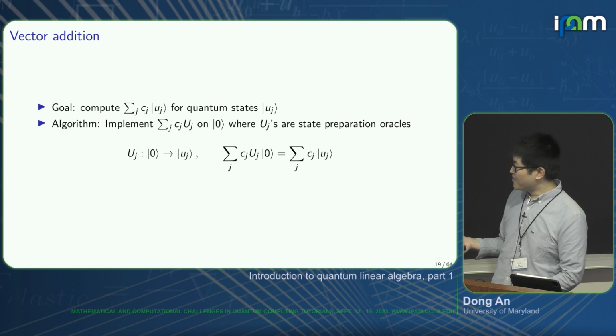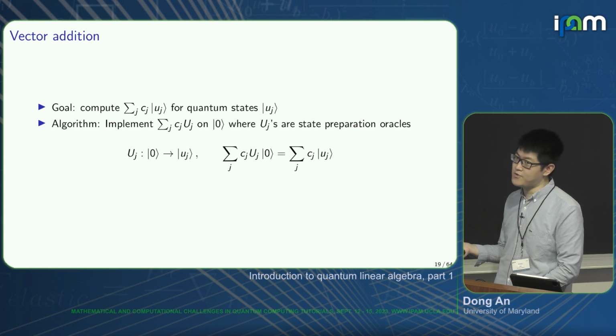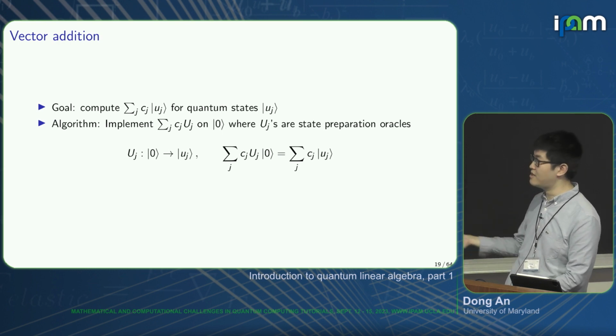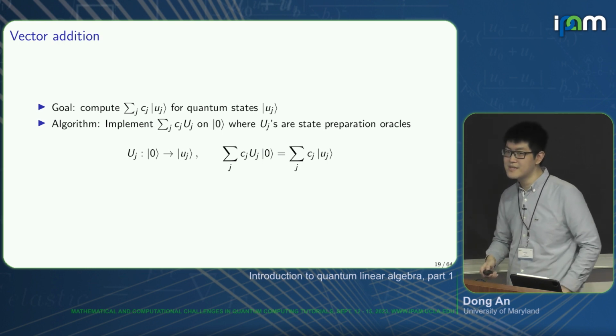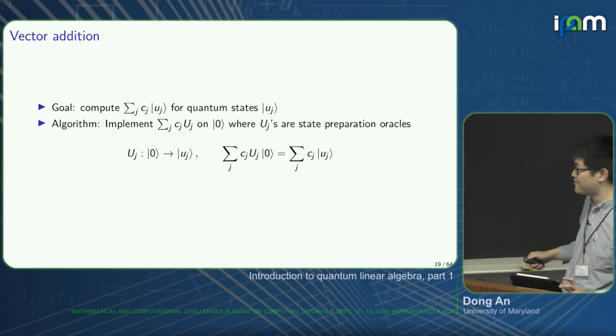Because for the linear combination of vectors or quantum states, we just want to combine those Cj, Uj. If we have the state preparation oracle, then we just apply this linear combination of unitaries on the input vector to be the 0 basis, and then we can do the linear combination of vectors. I should say that this is not quite useful compared to the linear combination of unitaries.